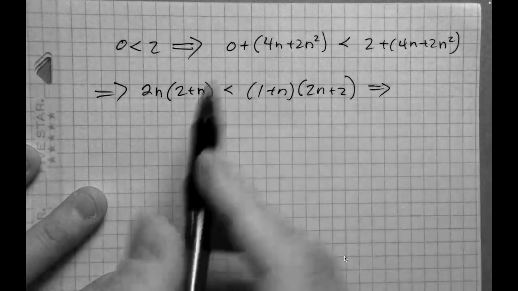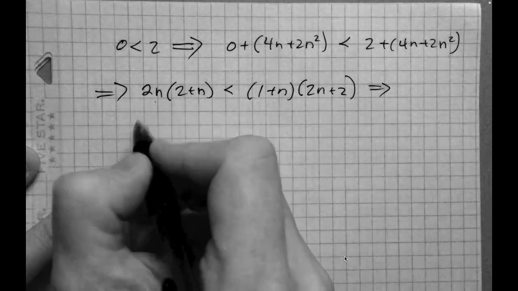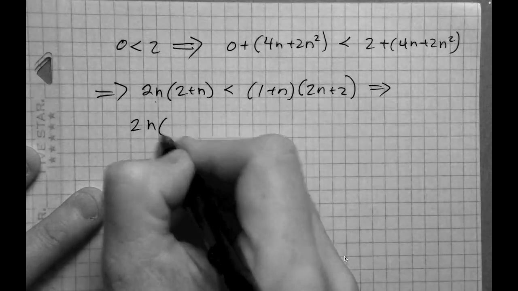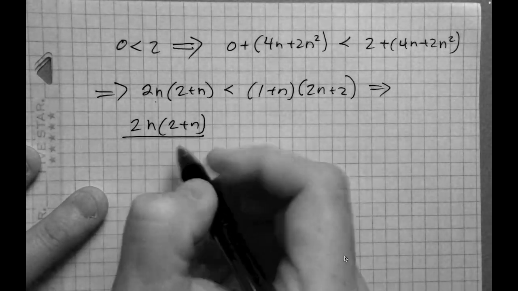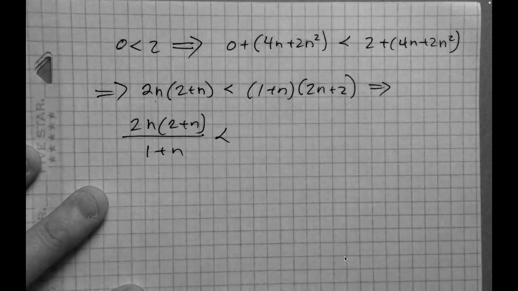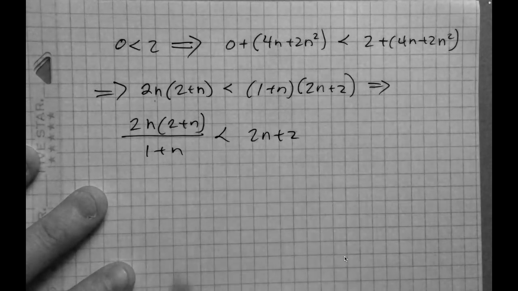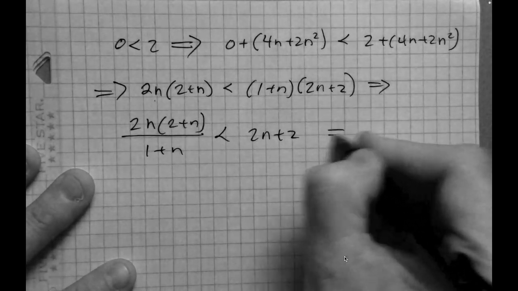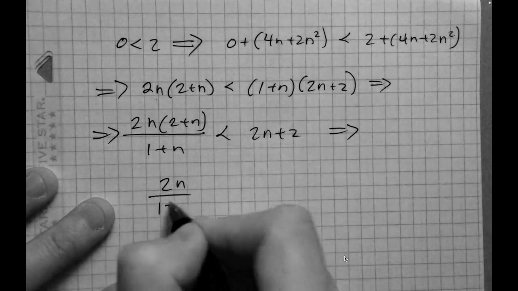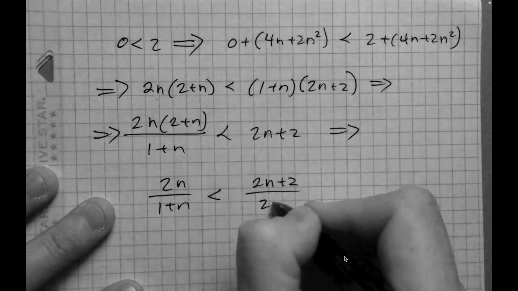If I divide both sides by 1 plus n, I get 2n times 2 plus n over 1 plus n is less than 2n plus 2. And if I divide both sides by n plus 2, I get 2n over 1 plus n is less than 2n plus 2 over 2 plus n.